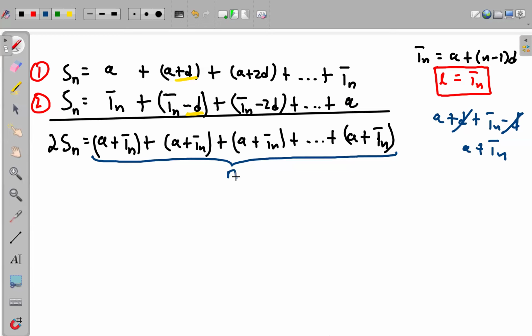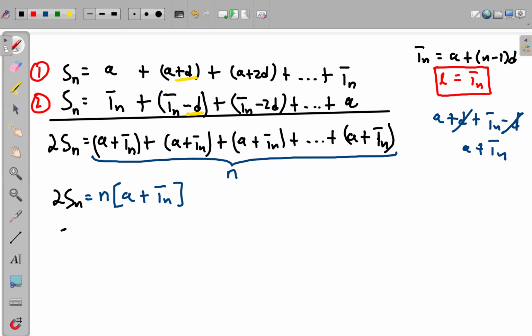And it comes from the fact that we're working with Sn here. So very good. We have N of these, which means then, like Gauss, we can work out a product here and say we are actually multiplying N by A plus Tn. And obviously, this is equal to 2Sn.